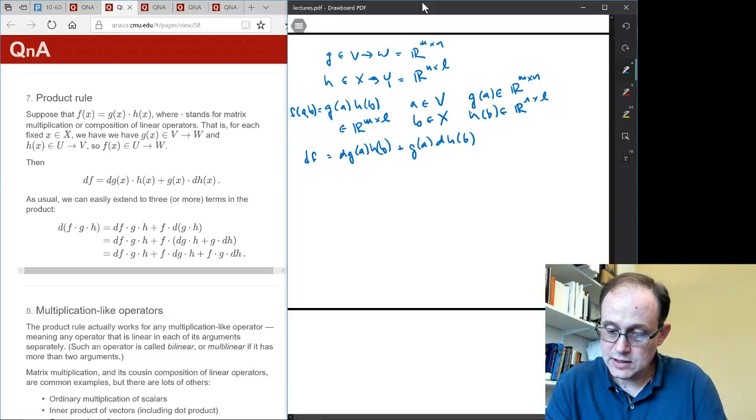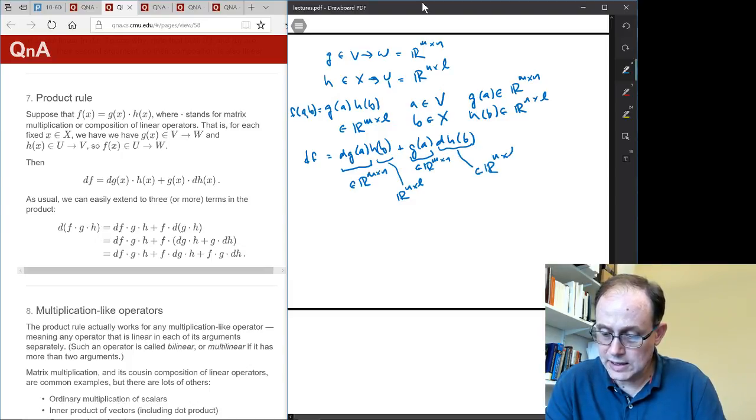Again, dg of a is going to be in R^(m by n), h of b is still in R^(n by l). g of a is going to be in R^(m by n), and dh of b is going to be in R^(n by l), right?